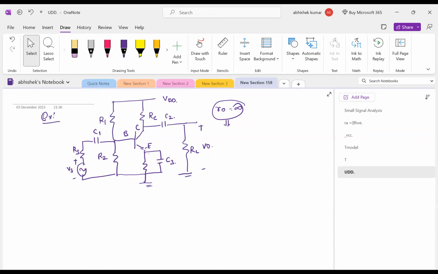So what knowledge do we need to draw any small signal model?